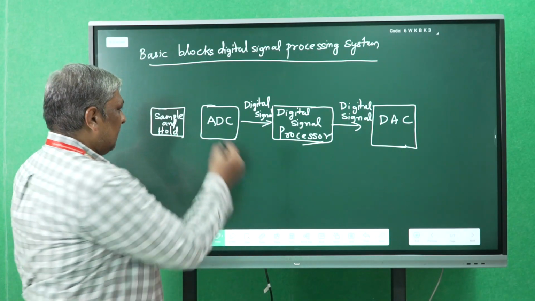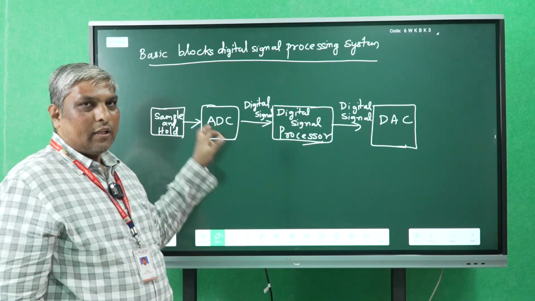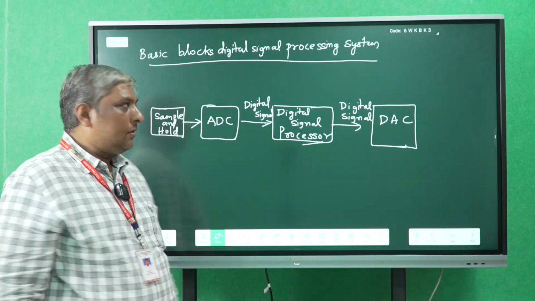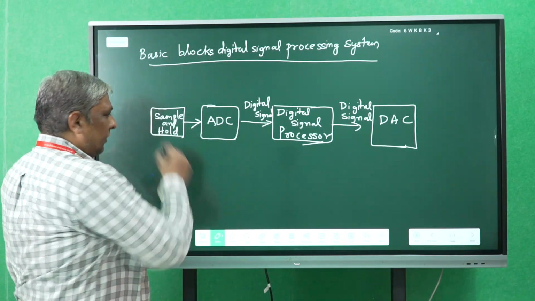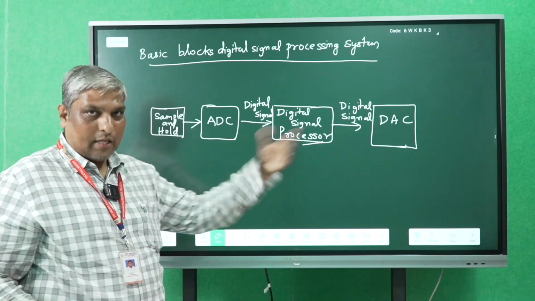That's why I am adding a sample and hold circuit before the analog to digital conversion operation. Along with that, analog to digital conversion is performed by means of sampling.